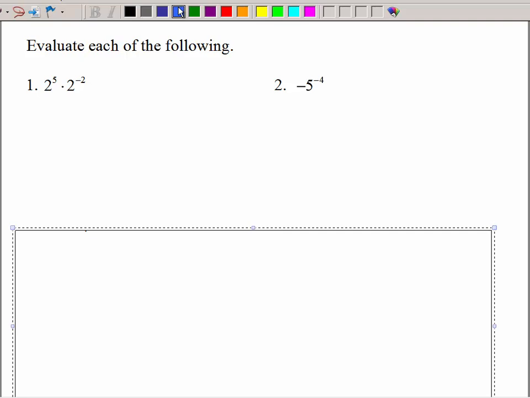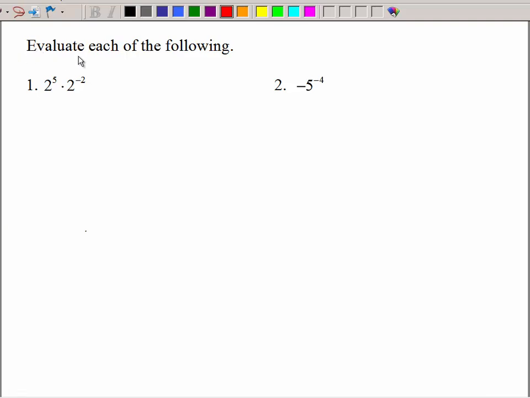So let's see how we can apply some of the rules that we've learned in previous math classes with negative exponents. In this exercise we will be evaluating, meaning we're going to get numerical answers. We won't see variables. So let's look at number 1. 2 is the base. It's the same base, so we can keep the base.